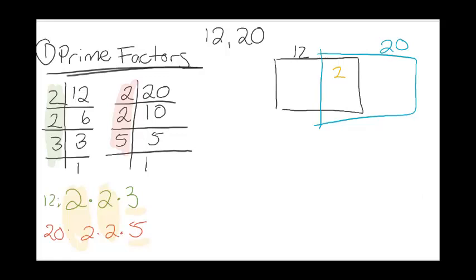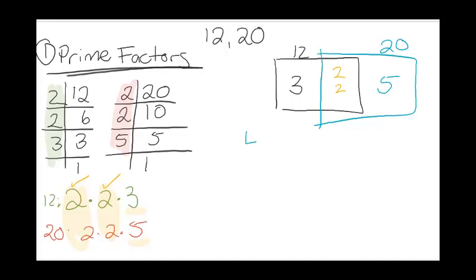So I've got a 2, that's those two, and I've got another 2. That's those two. I've got two 2's in the middle. Then I have a 3. It goes on the black side. And I have a 5, which goes on the blue side. Right. So I've got 3, 2, 2, 5.